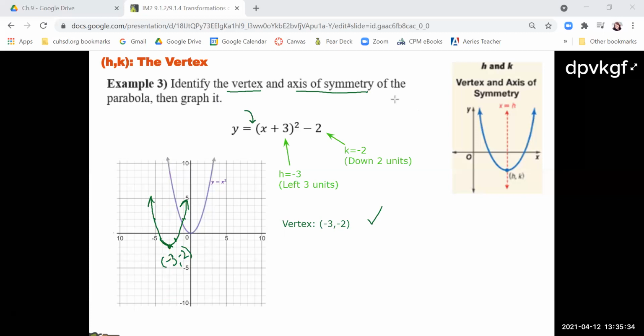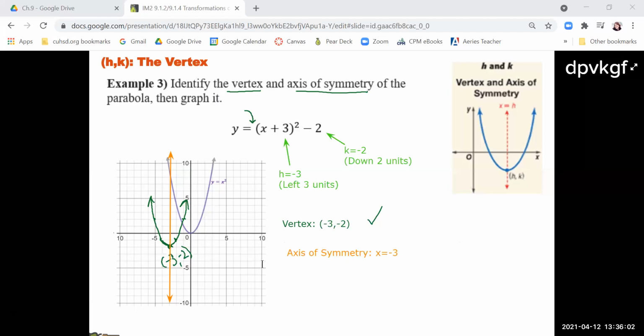Oh my goodness, I draw a line. There it is. That is your axis of symmetry. Remember, the axis of symmetry always has an equation that's related to the x-coordinate of the vertex. So it's x equals -3. It's the x-coordinate of the vertex.